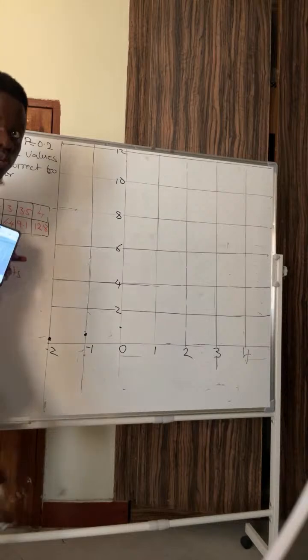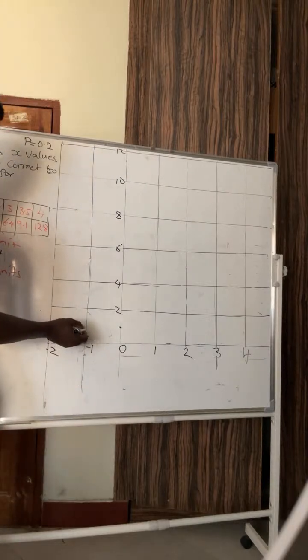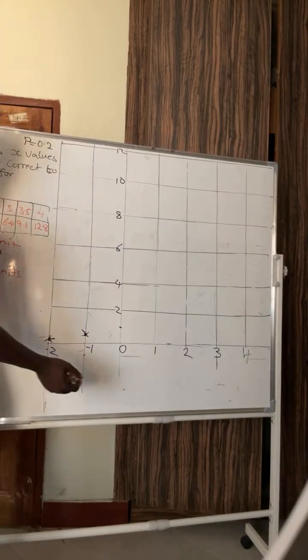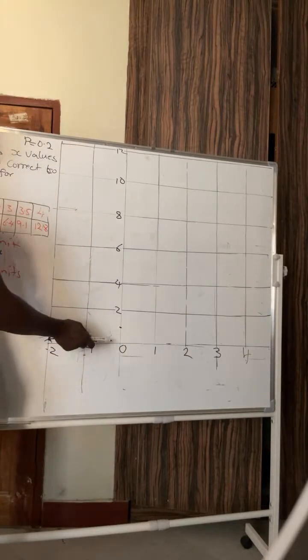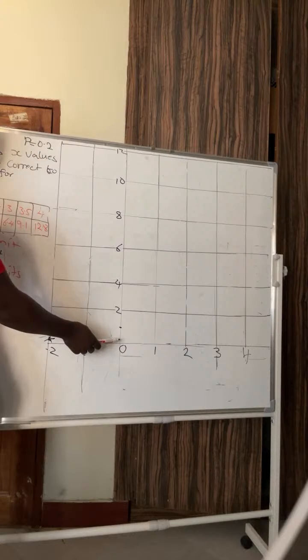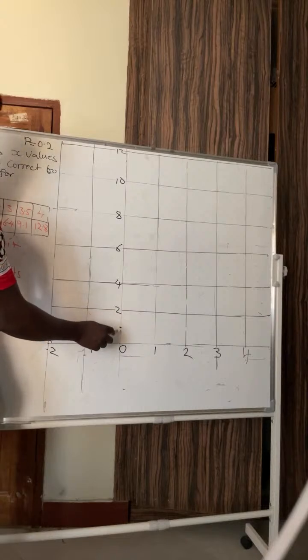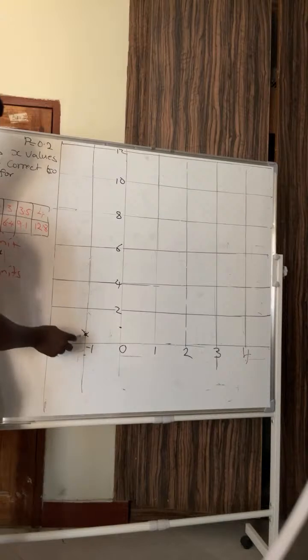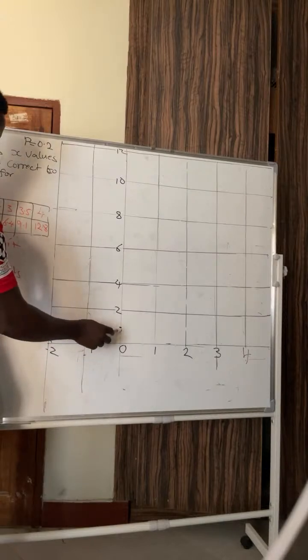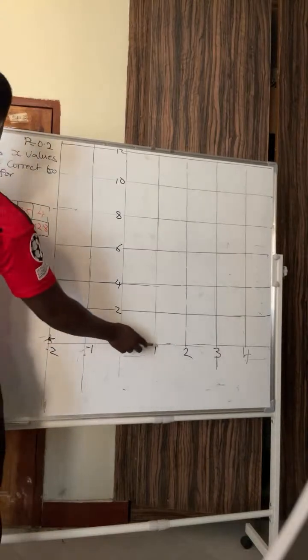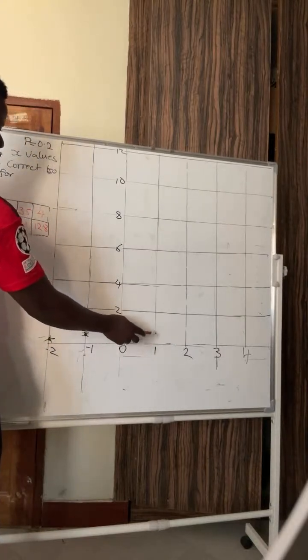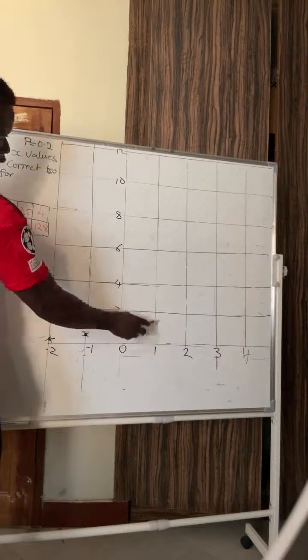On your graphs it will be accurate. Then 0, 0.8, it's here. Then 1, 1.6 should be somewhere here.